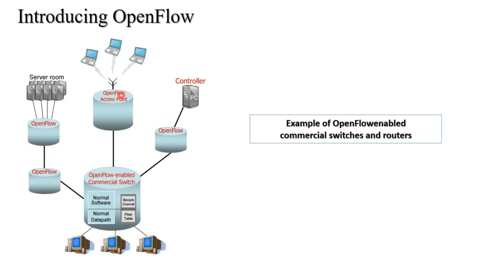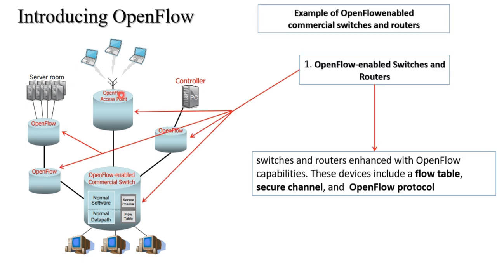Here is an example of OpenFlow enabled commercial switches and routers. These are OpenFlow enabled switches and routers. All of the devices have a flow table and a secure channel, and they are connected to the controller using the OpenFlow protocol.